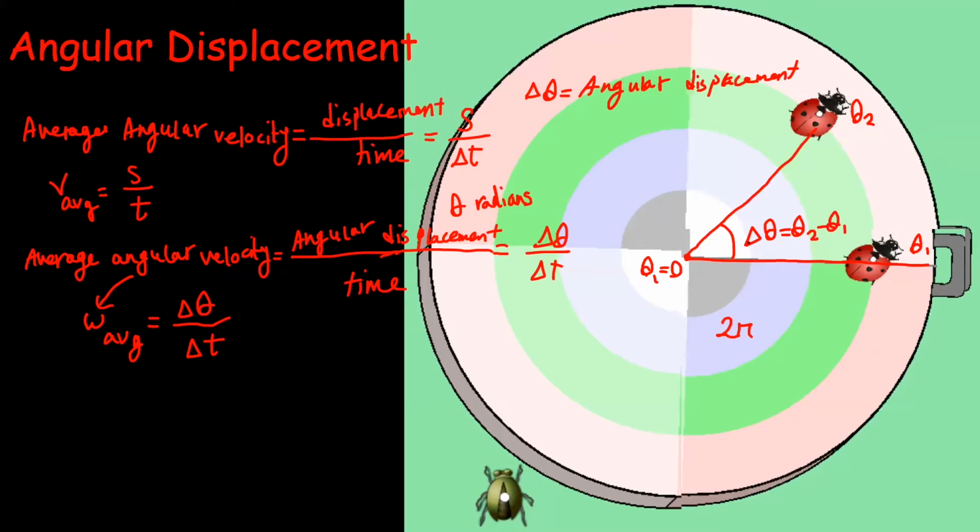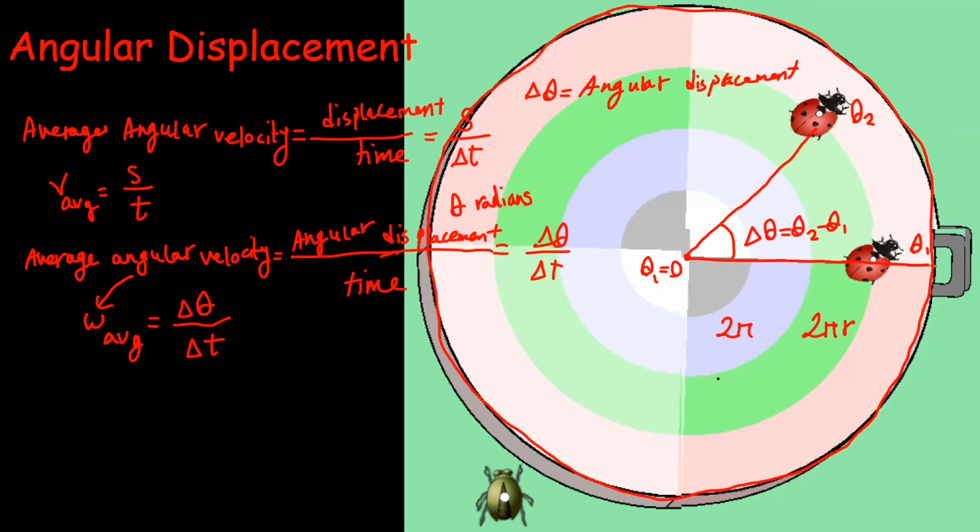In addition, we know if our object travels 2 pi, it means it travels 1 revolution. And then if we look at the distance traveled by the object, it is the circumference of this circle, that is equal to 2 pi r. So if delta theta is 2 pi, then s is 2 pi r.